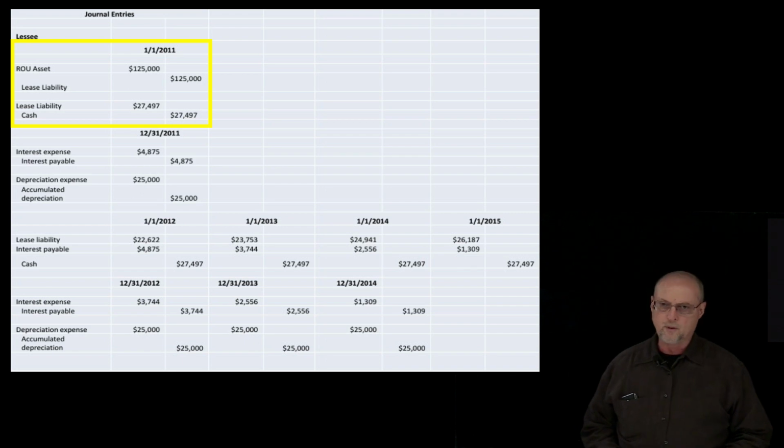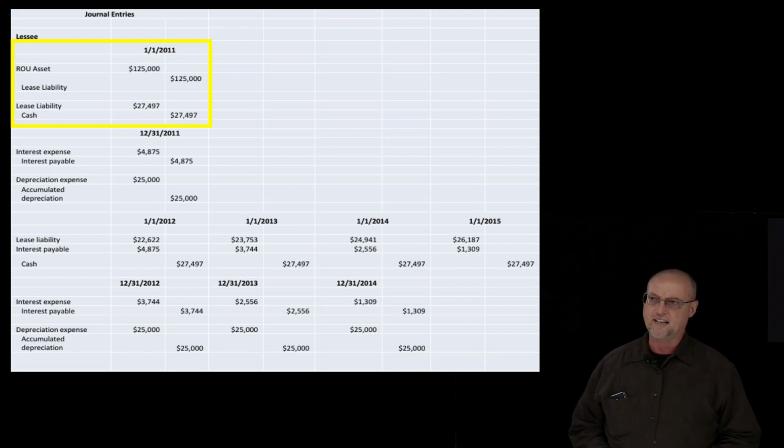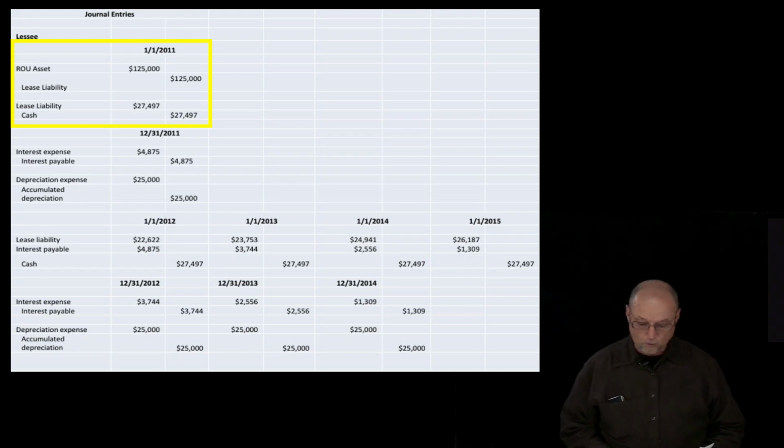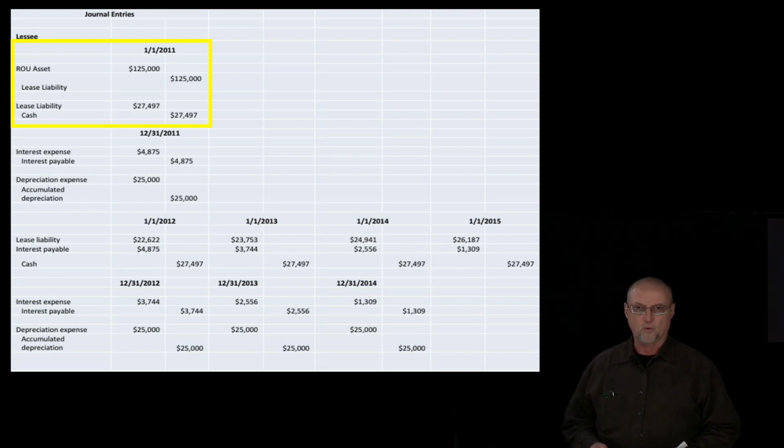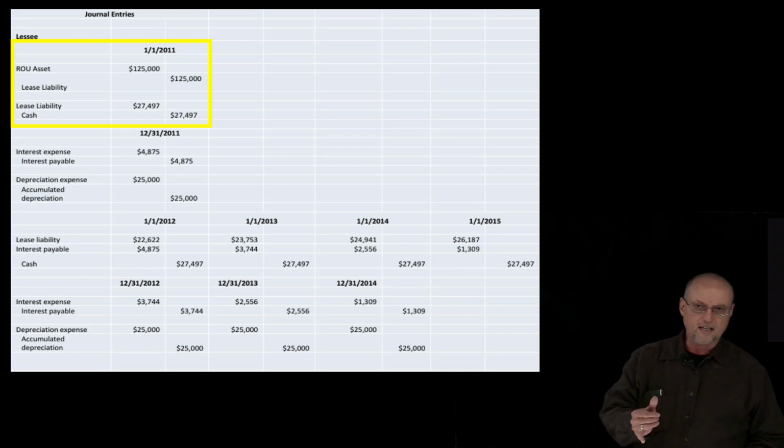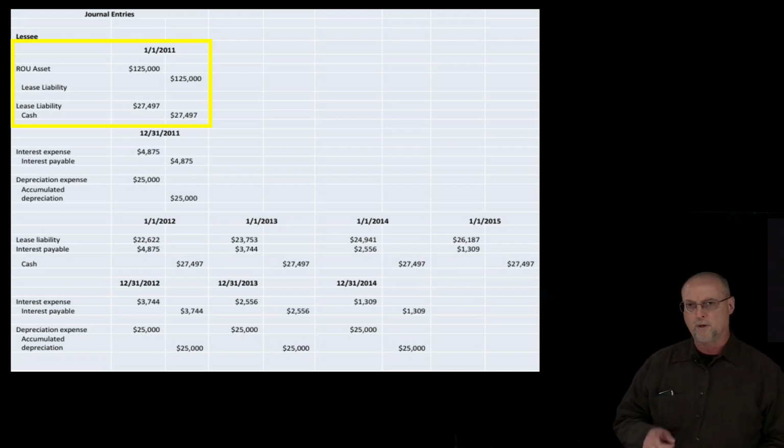And since we make payments on the first day of the year, we're also going to make our very first lease payment. So we're going to debit the lease liability for $27,497, and we're going to credit cash.